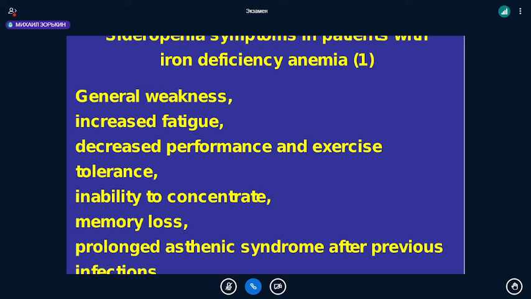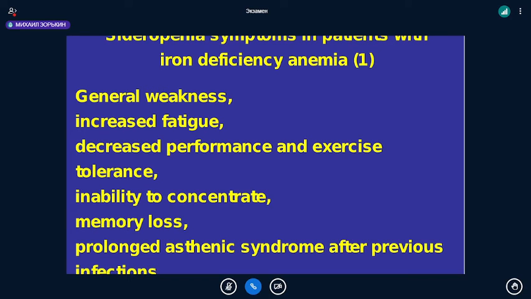When we speak about iron deficiency anemia, both parts of the clinical manifestation will happen, both anemic and sideropenic syndrome. So we cannot say for sure if this general weakness is caused by sideropenia or anemia. We need to consider both symptoms combined.